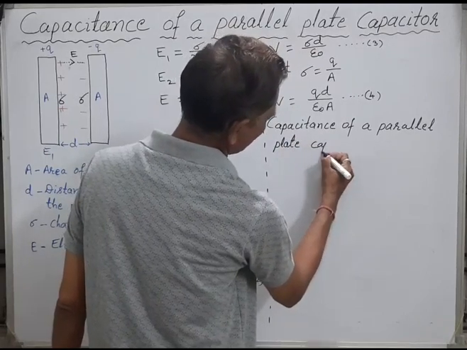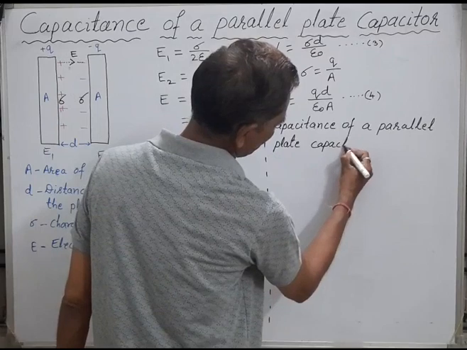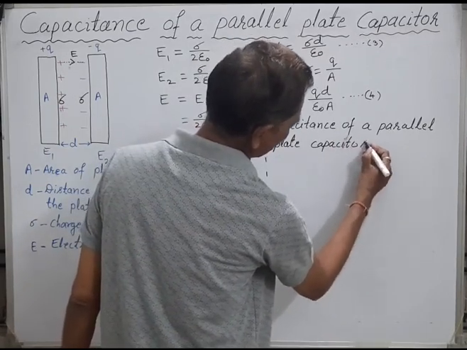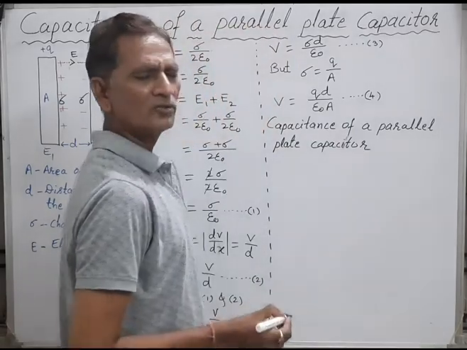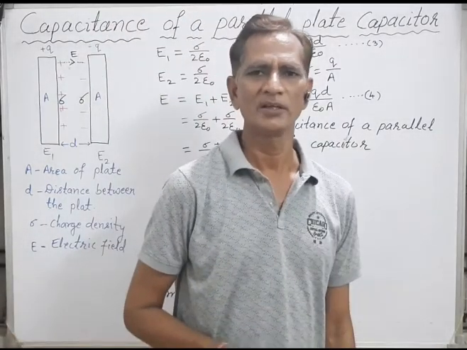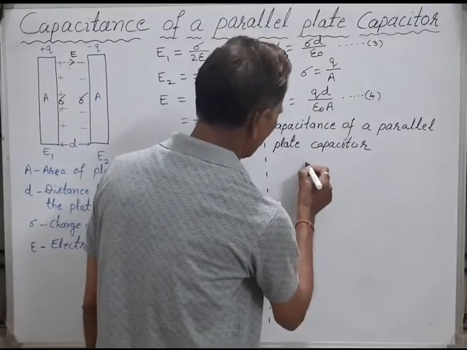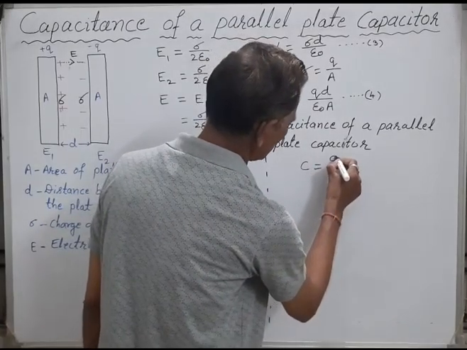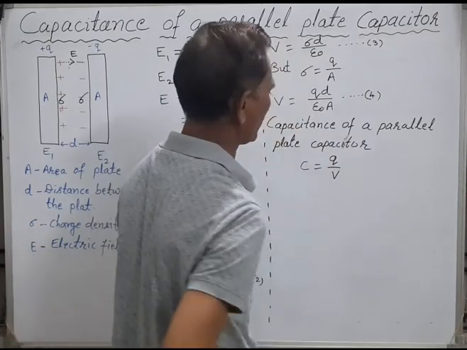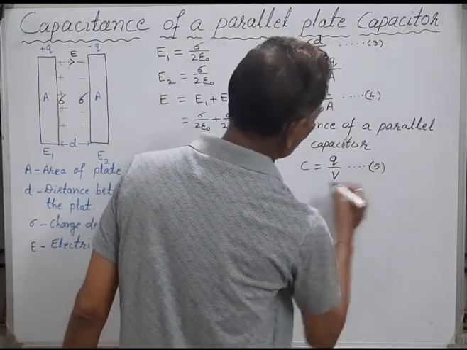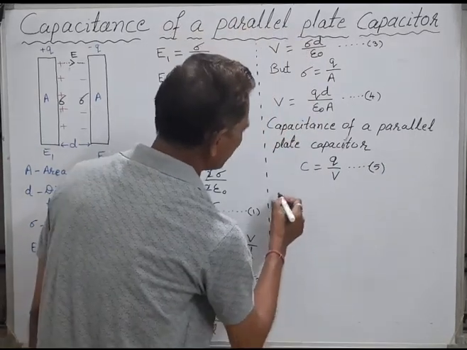As you know the general definition of capacitance, C is equal to Q by V. This is equation 5, and we put equation 4 in equation 5.